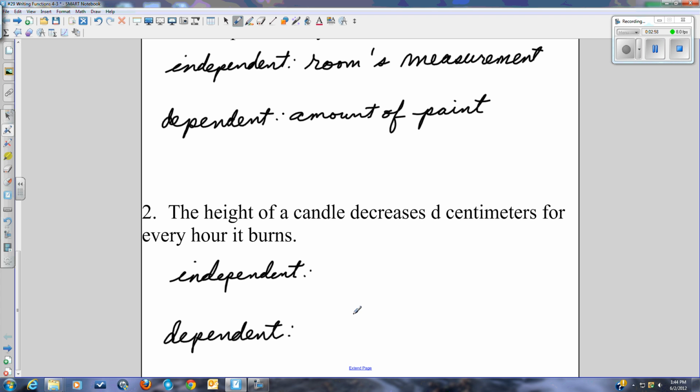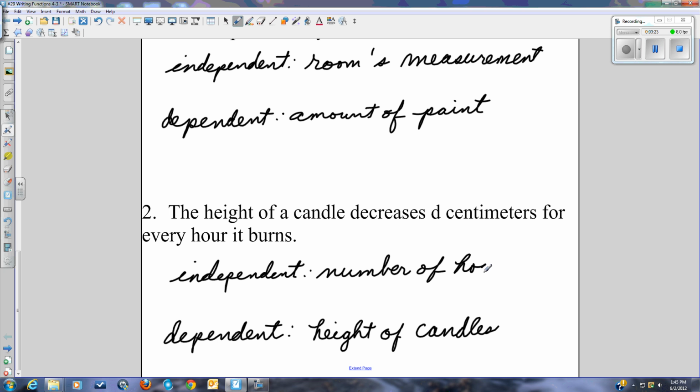Or is the number of hours that the candle burns dependent on the height? And remember, the candle's going to go down in height the longer it burns. So the height is your dependent variable. The height depends on the number of hours, or the time that has passed when the candle's been burning.